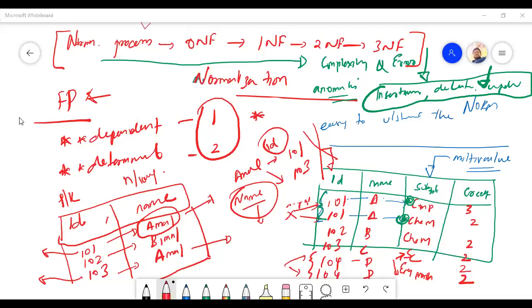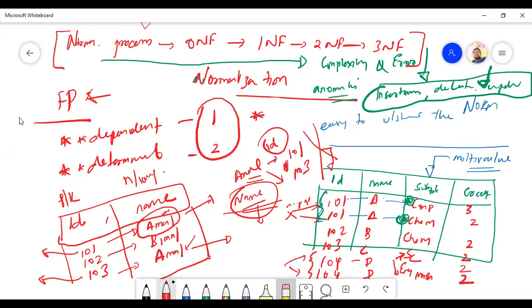We can't have the name as the primary key because of this case. If you call Amal, we don't know who is going to come and meet. But if you say, okay, 101 come here, then this Amal will come. And 103, then this Amal will come. So at that time we don't have any problem.